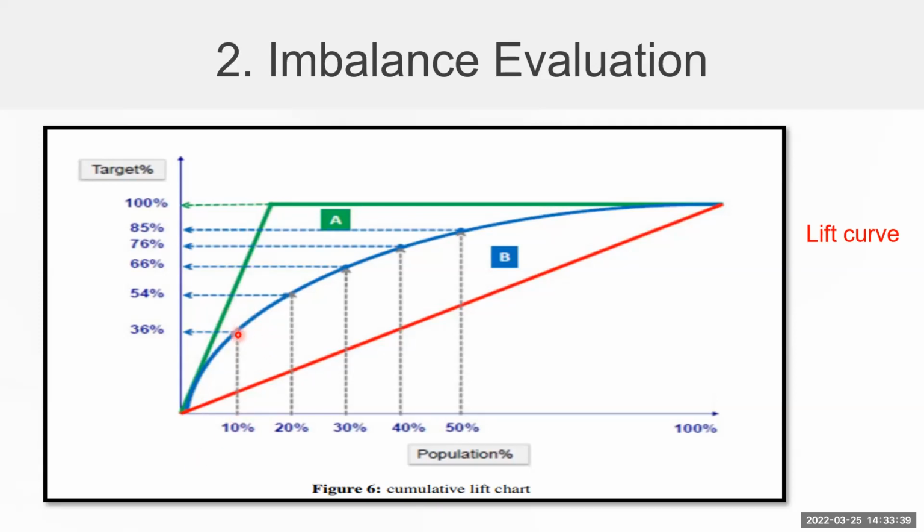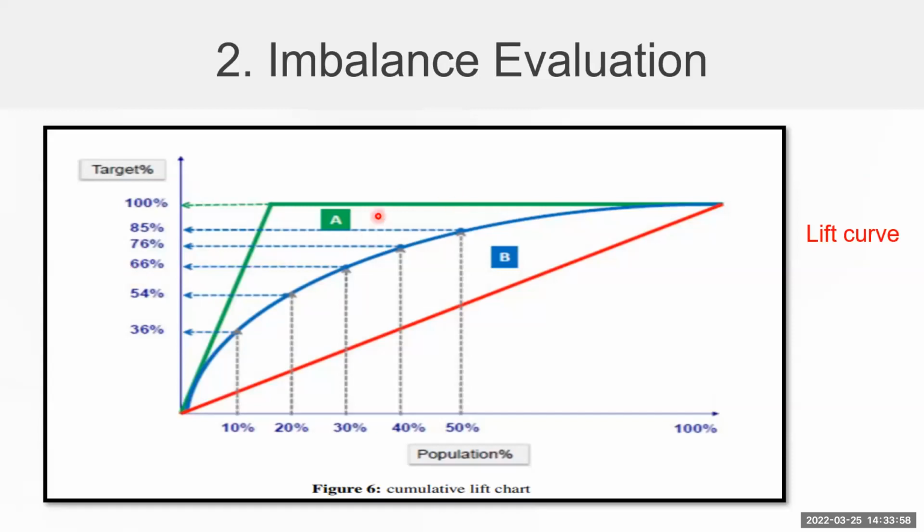For the B model, it only achieves 36, but in the A model, it achieves about 60% of all customers that want to churn being contacted.